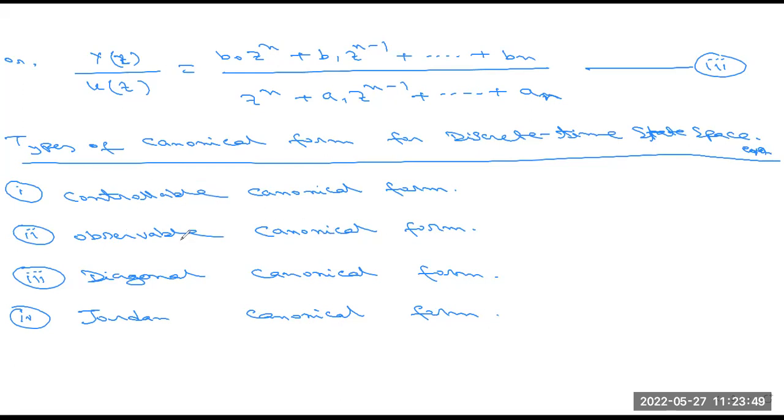We have broadly discussed controllable and observable in module 4. But right now we also give an overview idea of what the controllable canonical form is and what the observable canonical form is. Okay, so this is very much important.